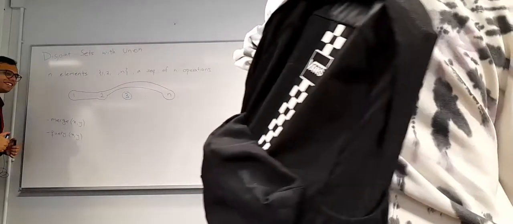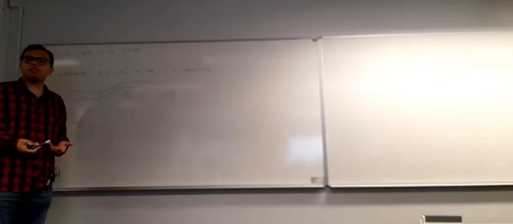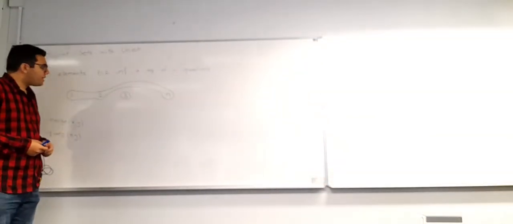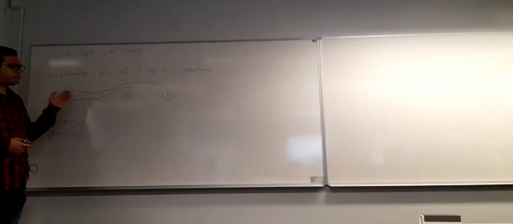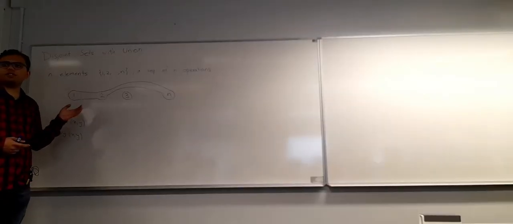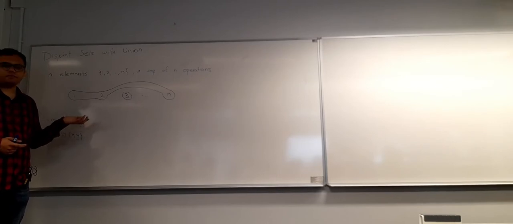Okay. So how can we do this? What kind of data structures come to mind? Well, the simplest thing that we can do is to just keep track of a representative for each one of our sets. So let's say that in each of my sets, I just choose one of the elements of that set, and I call it the representative of the set.